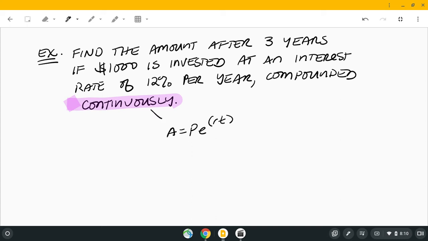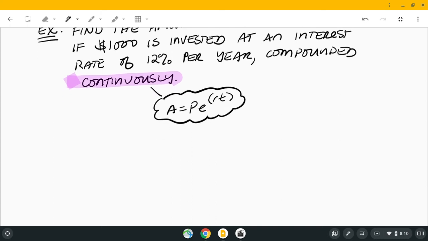This word means you're going to be using this formula. So let's find that amount. $1,000 is our principal amount. e is 2.718, to the r, 0.12, times 3.